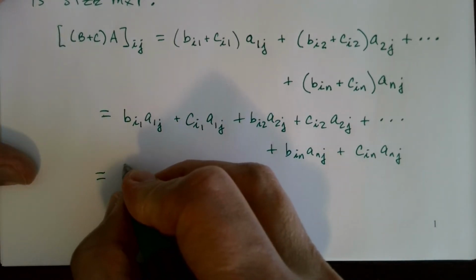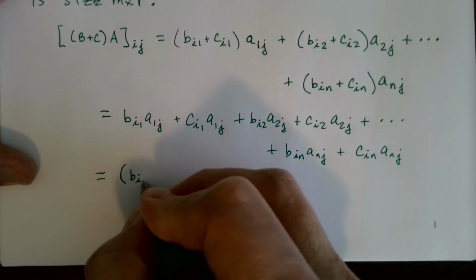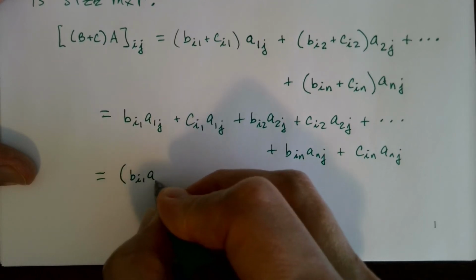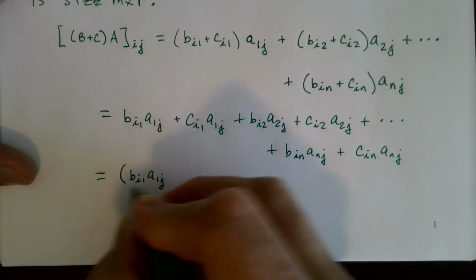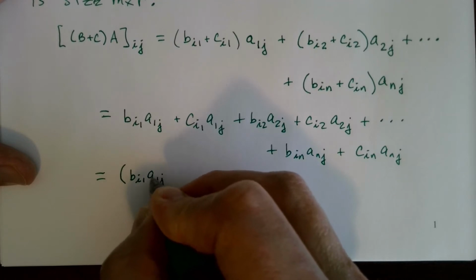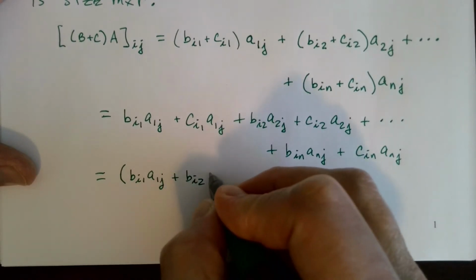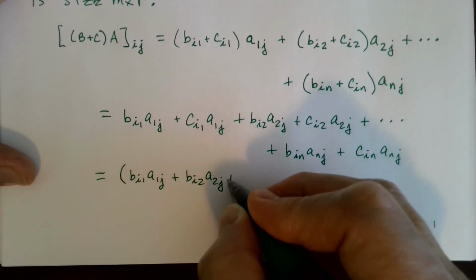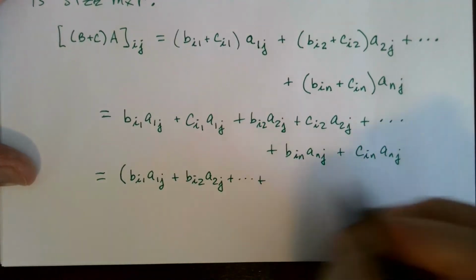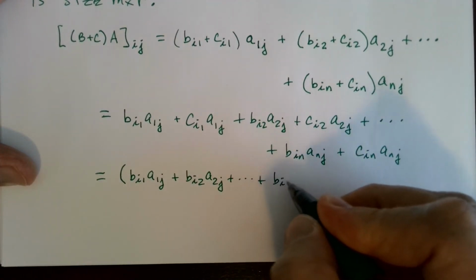So I'm going to first group, if you will, and add together all the BA combinations here: BI1A1J plus BI2A2J plus dot, dot, dot. The last one is BINANJ.